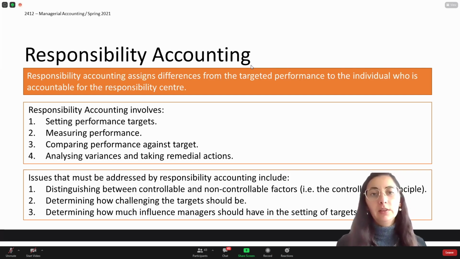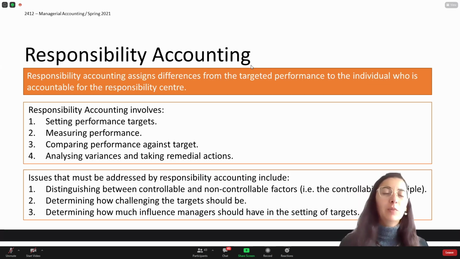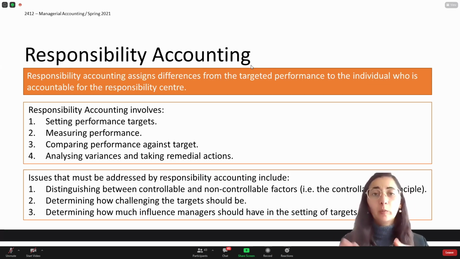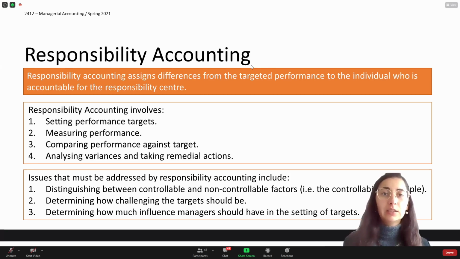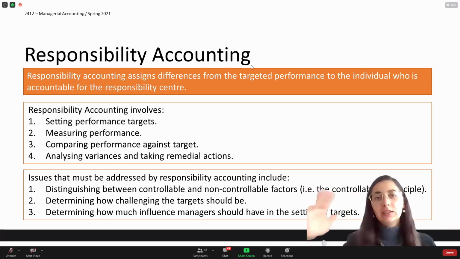If it's only the CEO putting targets on everyone, so let's imagine the CEO puts targets for every store, and the CEO doesn't have a very good idea of each store, the business, the environment, the complexity of each store, and just says, no, each store must sell 600,000.